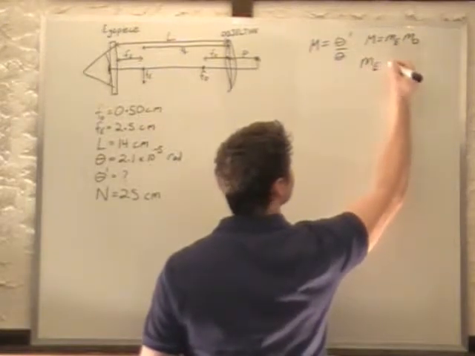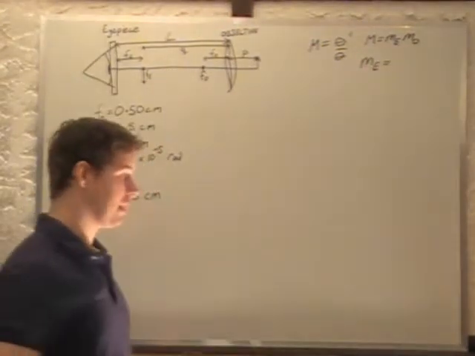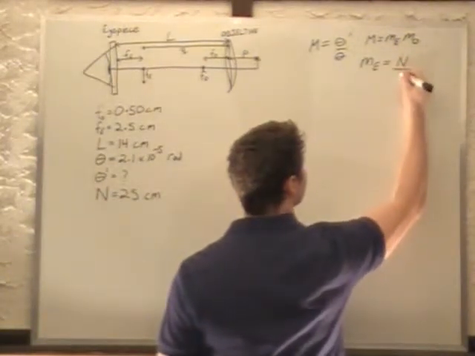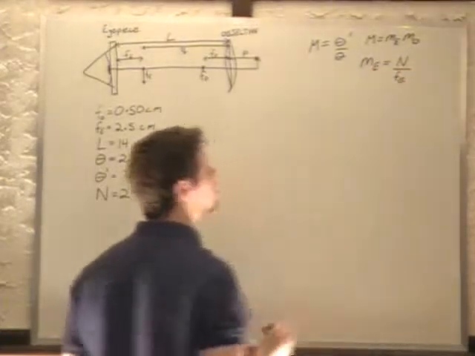Magnification of the eyepiece for a microscope is equal to N, the near point, divided by the focal length of the eyepiece.